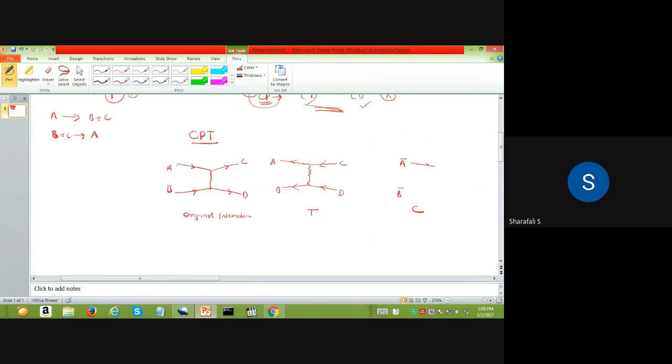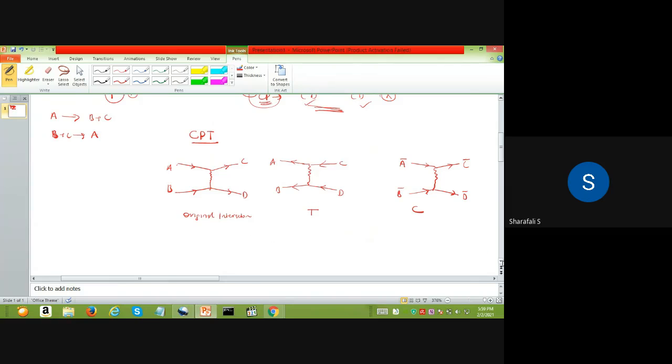All other things are the same, and the direction will be the same. We have C and D, but they will be antiparticles. So charge conjugation only changes particles into antiparticles. Here the direction is changed because of time reversal.